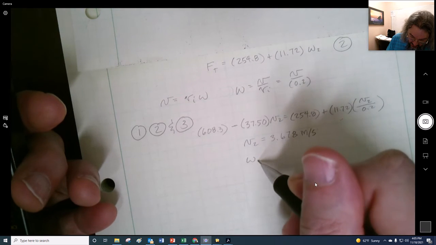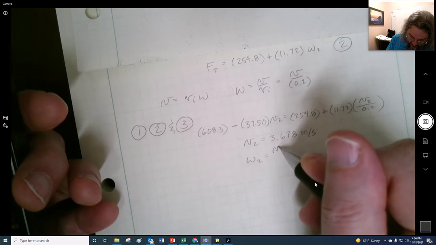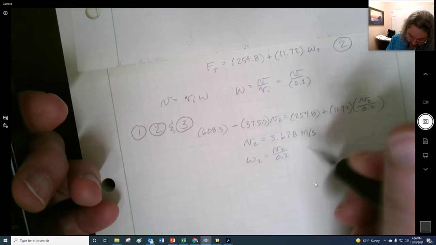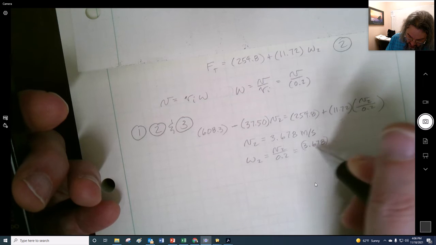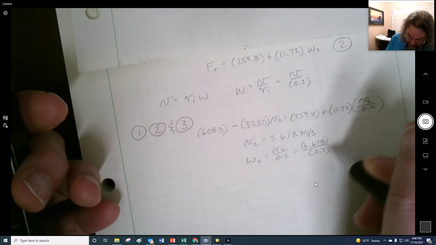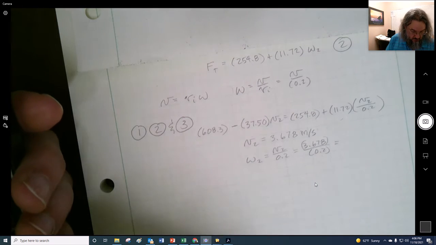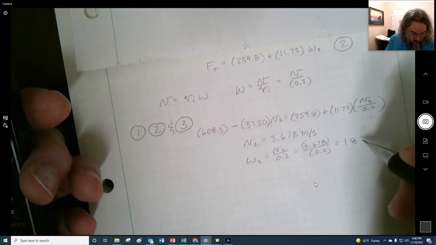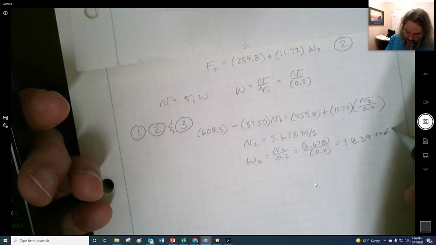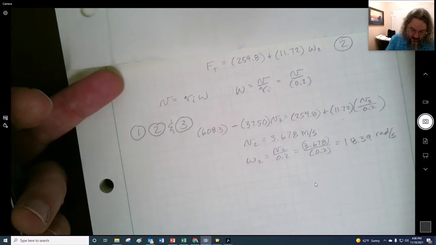So the angular velocity is going to be v2 over 0.2. So 3.678 divided by 0.2. And that becomes 18.39 radians per second. And now let's find the tension.